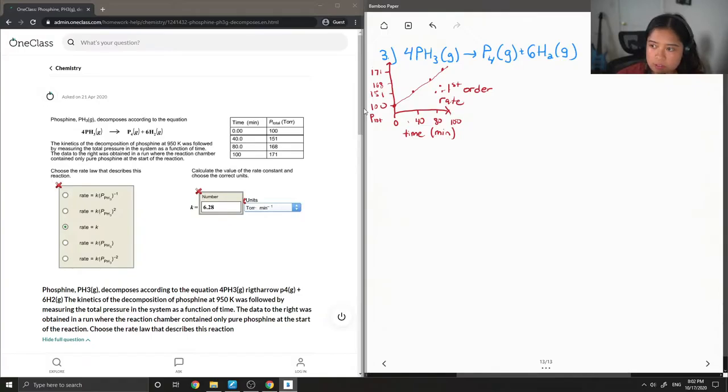So for the first one, where you talk about the rate law, for first order reaction rates, it's going to be the following, where rate is equal to k [PH3].